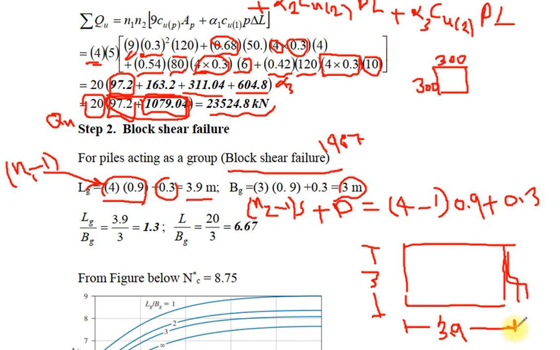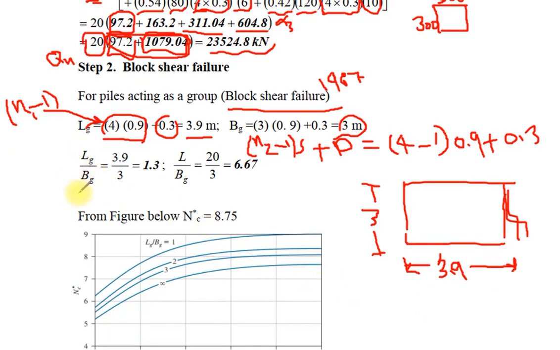BG is always the shortest dimension. We need LG over BG: dividing 3.9 over 3 equals 1.3, and L, the length of the pile, 20 over 3 equals 6.67.